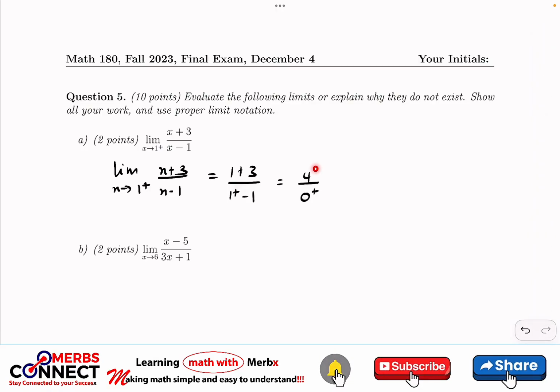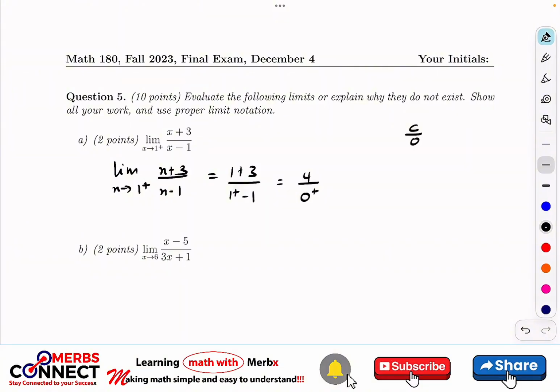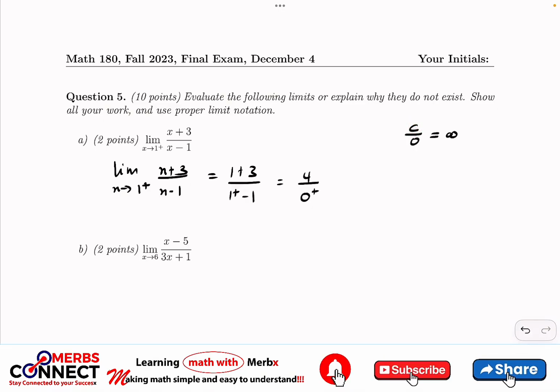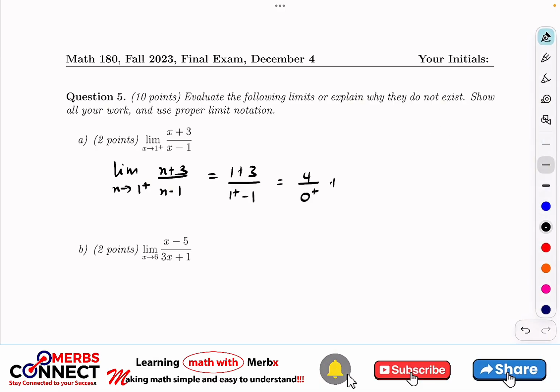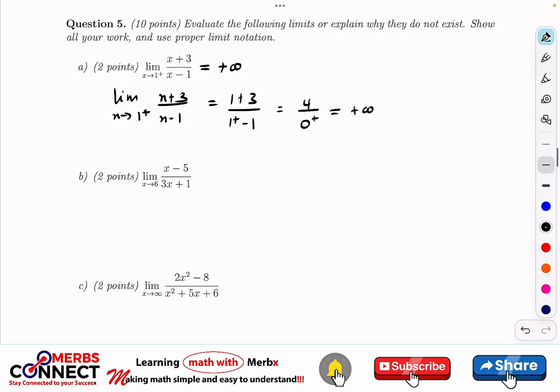And don't forget that if I have a constant divided by 0, this is going to give us infinity. But the sign depends on the constant. Since the constant here is positive, which is 4, this is going to give us positive infinity. This is just the final answer. We don't need to do anything more because we have a constant on the top and 0 on the bottom. So this is going to give us positive infinity.